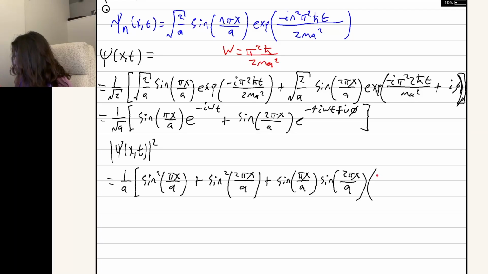One of them is going to be e to the minus 3i omega t plus i phi, and you're also going to have a term which is e to the 3i omega t minus i phi, right?